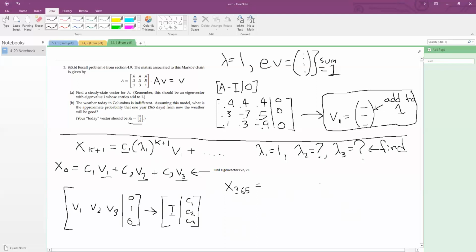But basically the idea is we're looking at which terms kind of dominate this expression. So say lambda 2 is, for instance, I'm not saying this is true, let lambda 2 equal 1/2. That would mean that one of these terms in here, the C2 term, is going to look like C2 times 1/2 to the 365th power, times some vector V2.